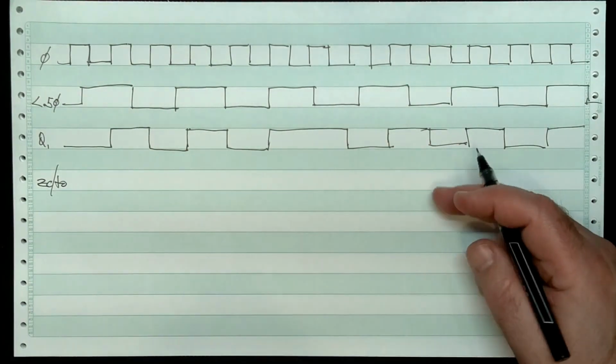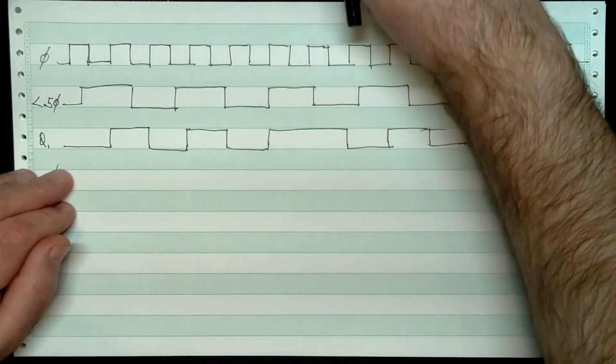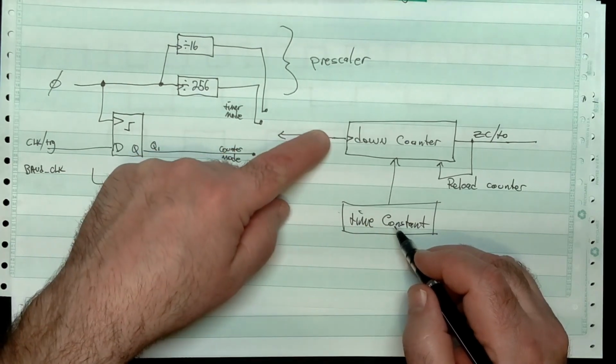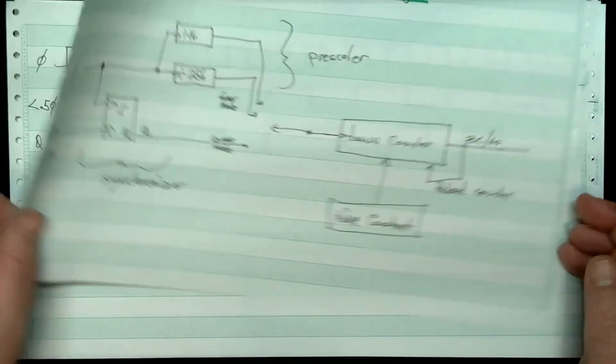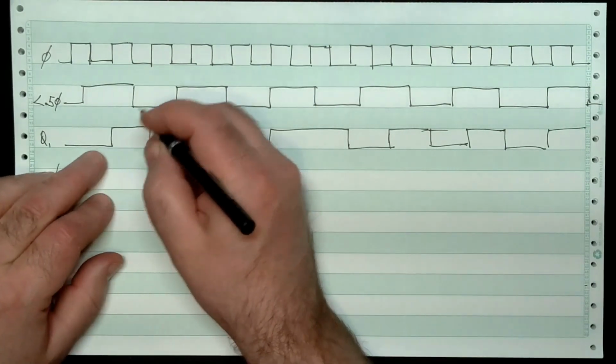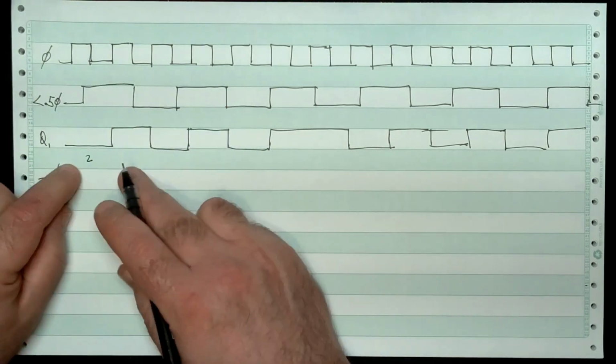So let's say we have the time constant value here. Let's say we put a 2 in here, okay? So the frequency here is divided by 2 when it comes out over there, right? So, well, let's just assume it starts with 2 here, right? So let's say we have 2 in our counter. I'll just use this green line here, right?